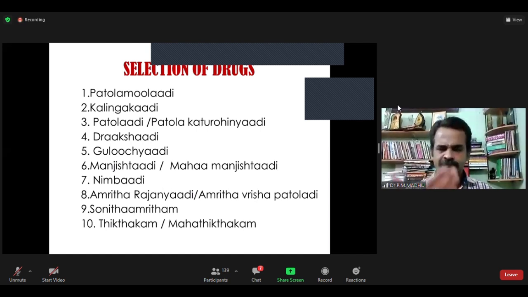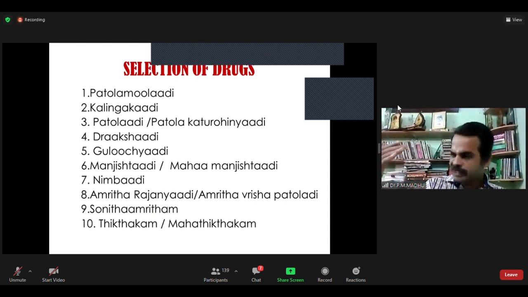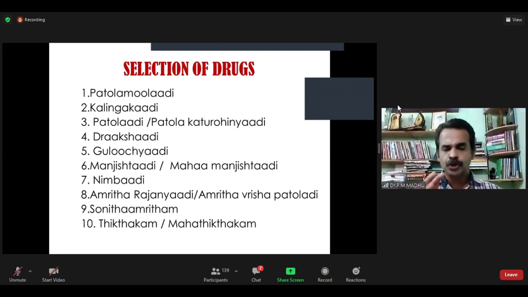Other than this criteria, if we are selecting blind drugs, sometimes we will select Manjishthadi, sometimes Nimbadi, sometimes Guduchyadi, and if that is effective, then we will go with that. Like that, we are treating the patient in many cases. It should not be there.